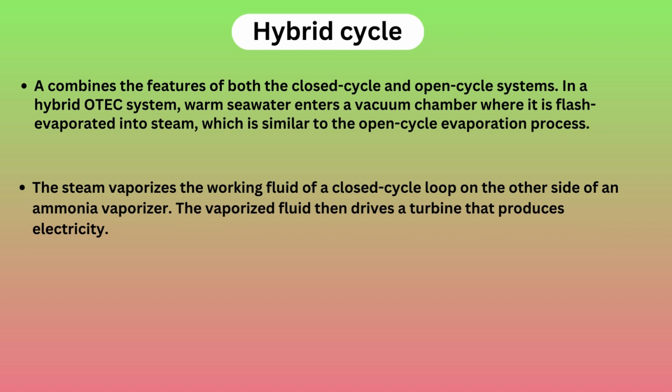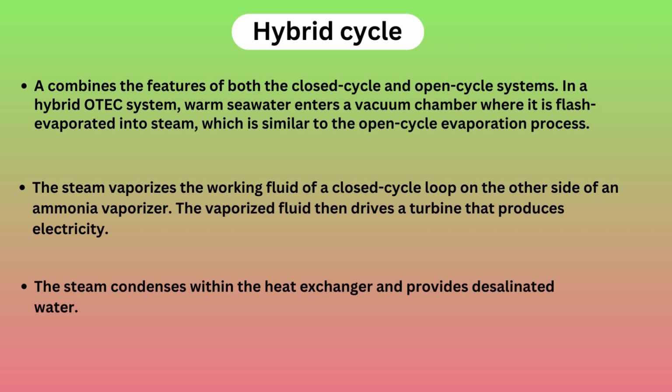And then the steam vaporizes the working fluid of a closed cycle loop on the other side of an ammonia vaporizer. So the vaporized fluid then drives a turbine that produces electricity, and the steam condenses within the heat exchanger and provides desalinated water.